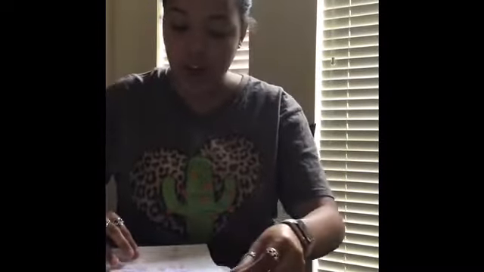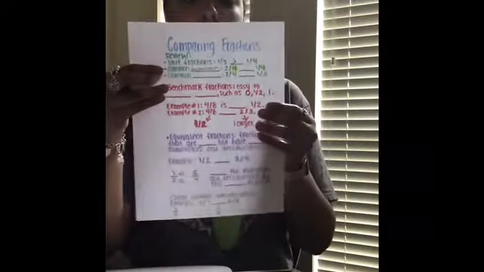Make sure I'm spelling it correctly. Okay, common denominators. So we learned how to compare common denominators in 3rd grade, and we're going to do an example problem for review, okay?